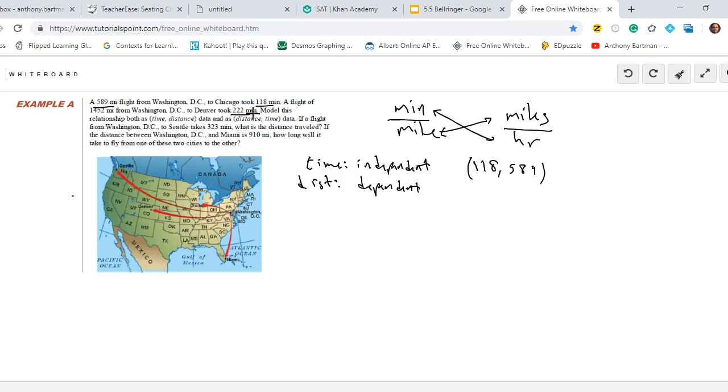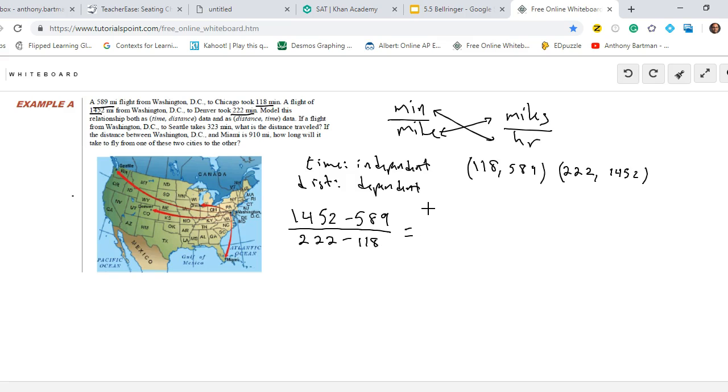And then we also have 222 minutes and 1452. All right, so there are two points that we have. So then what we can do is, can we find the slope? Sure. We can say 1452 minus 589 all over 222 minus 118.